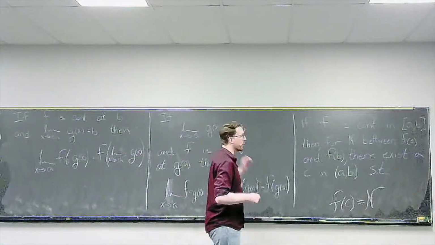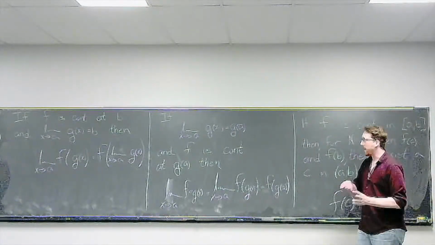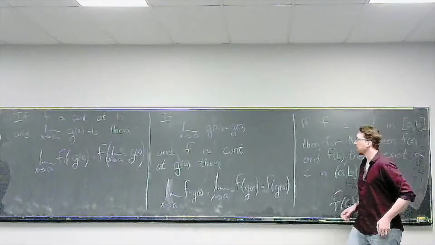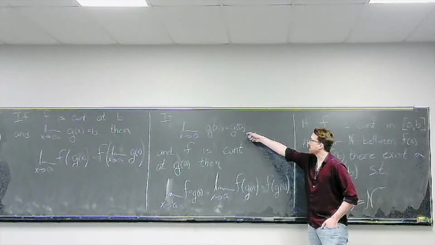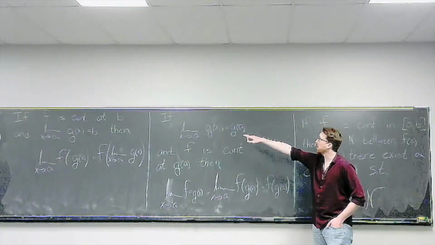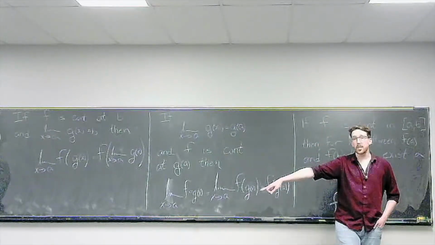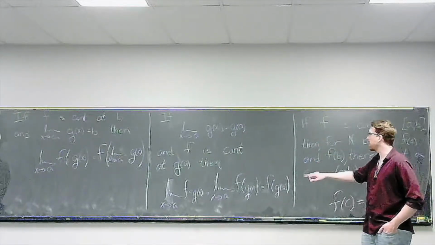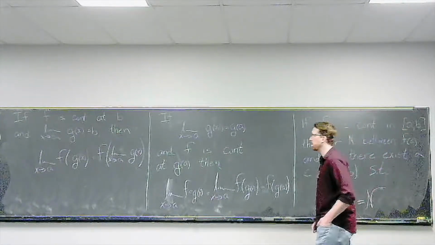Whereas these other two are just getting at the way continuity works when you pass functions through each other. This one is saying that if f is continuous at g of a, and if g is continuous at a, then the composition of the two functions is continuous at a.